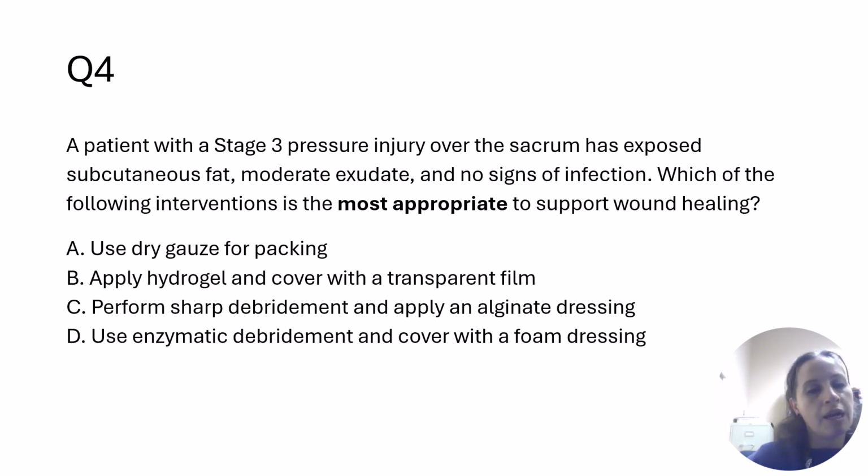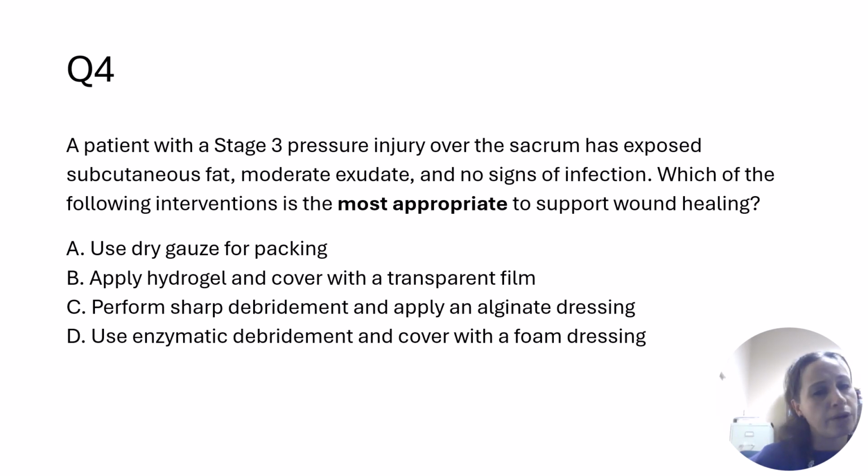B, apply hydrogel and cover with gauze. If we're thinking packing, we typically put it in tunnels or things like that. It doesn't really say anything about that. Going to the option with hydrogel and transparent film, again, this is typically something that is a little bit drier when we put the hydrogel.